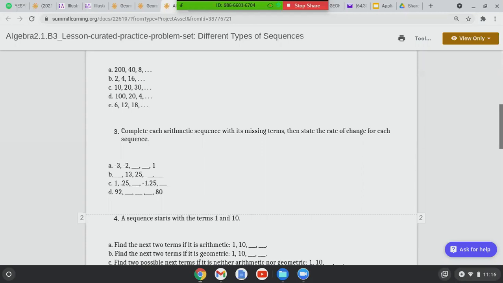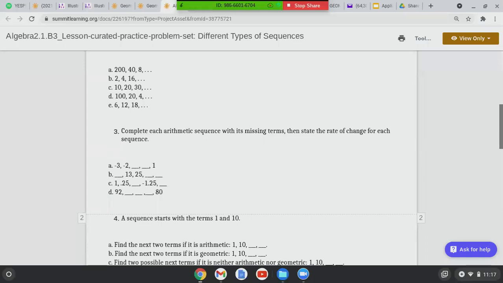Start with what you know, and then work backwards to get the first number. 12. So what is happening between 13 and 25? 12, exactly.